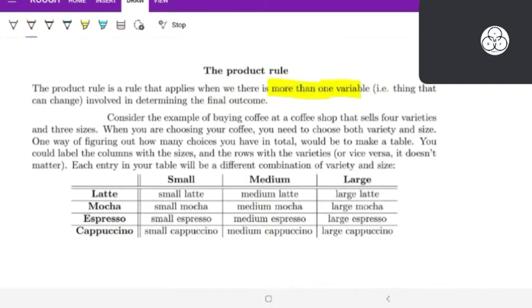More than one variable involved, they are interlinked or they have an interdependency, then only we can apply the product rule.